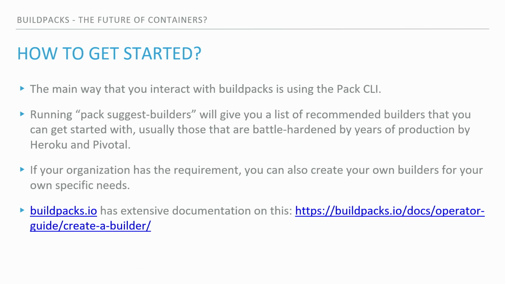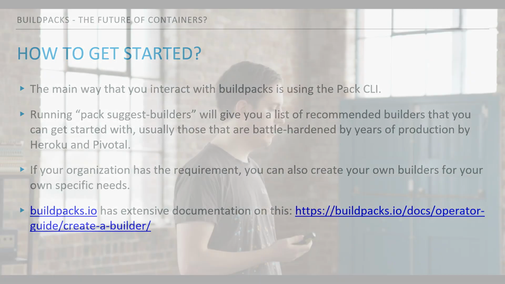How to get started? So the main way you get started is using the pack command line tool. Whenever you do get started, you can run suggest builders, and it'll provide you with a list of builders that the maintainers of this recommend, and usually they're build packs that have been used for many years in Heroku and Pivotal Cloud Foundry.